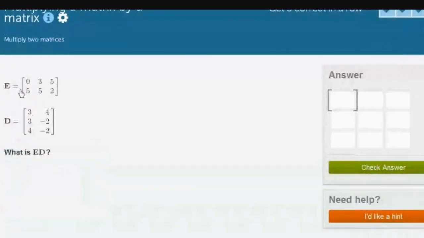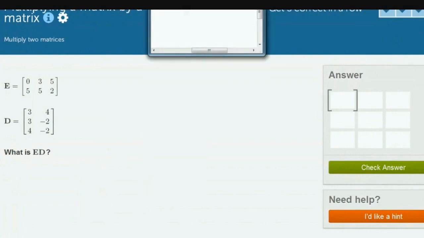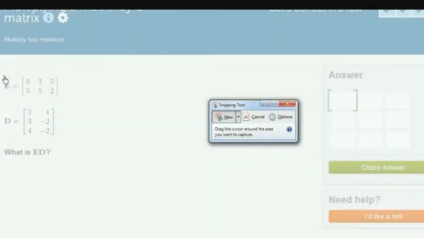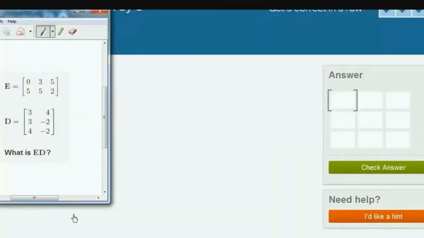We're given two matrices over here, matrix E and matrix D, and they ask us what is ED, which is another way of saying what is the product of matrix E and matrix D. So just so I remember what I'm doing, let me copy and paste this onto my scratch pad. So we have all the information we need, and let's try to work this out.